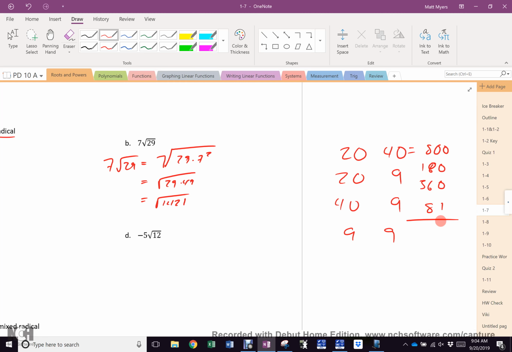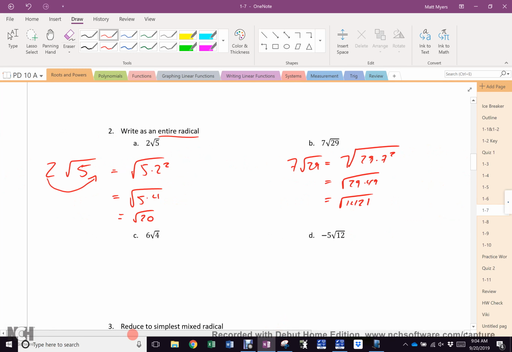Is it just like a skill, or practice? Just practice. So what's this one?